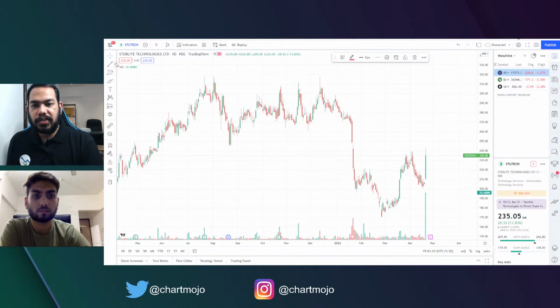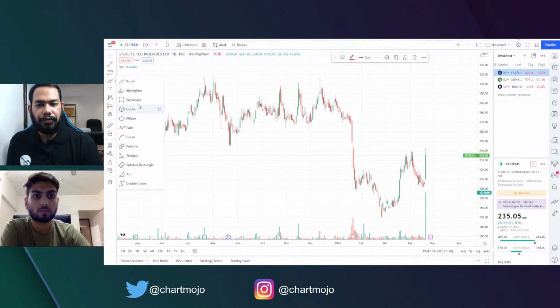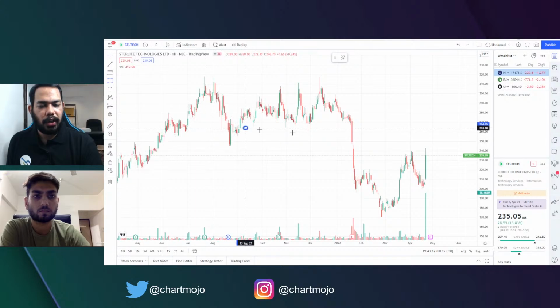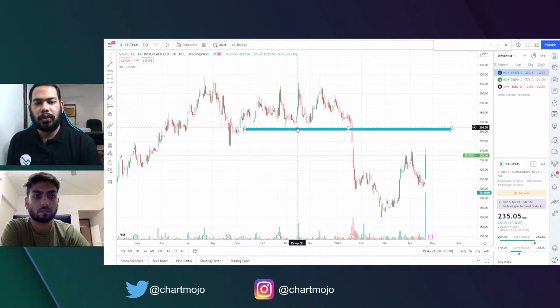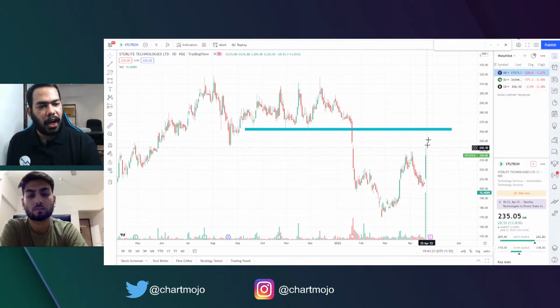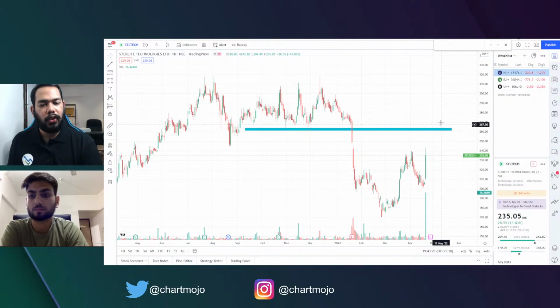So if someone is holding this particular counter, just wait for these levels to act as support. You might see this counter again touching this level, and then it might go sideways for a week or two. So if someone is holding, continue to hold.